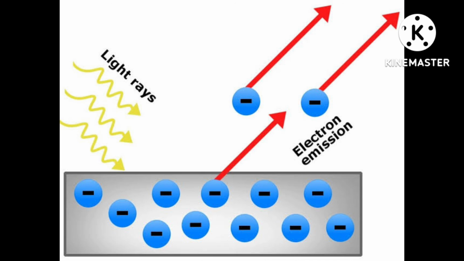Here h nu minus h nu 0 is equal to half m v square; bringing h nu 0 to the other side, h nu equals h nu 0 plus half m v square, where m is the mass of the electron and v is the velocity associated with the ejected electron.